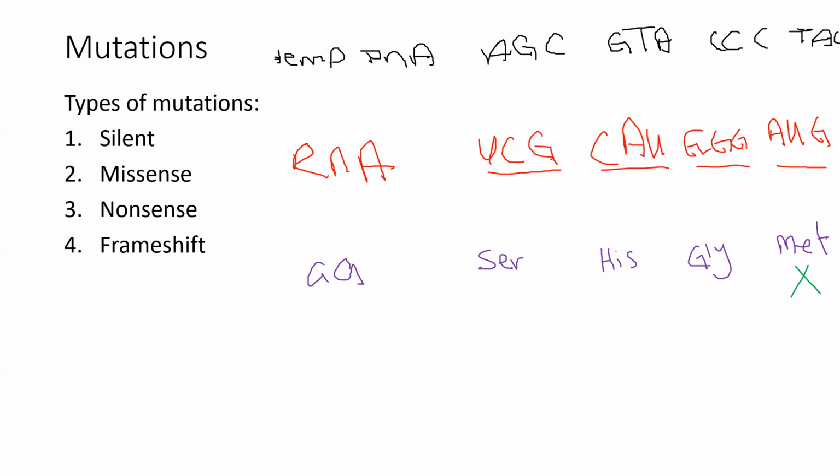Okay, now I'm going to erase this little X here. For frameshift, remember in the first mutations video I mentioned that this is what's called an indel. Either an insertion or a deletion is going to result in a frameshift mutation.